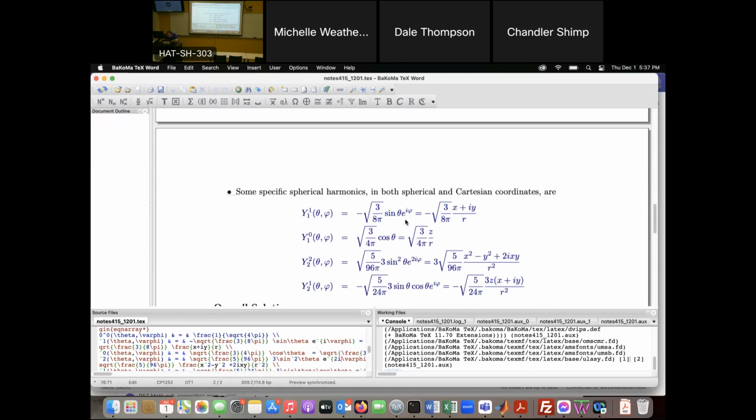Okay. Now, actually, I'm going to do an intermediate step on this one, to show you more of a conversion from spherical to Cartesian.